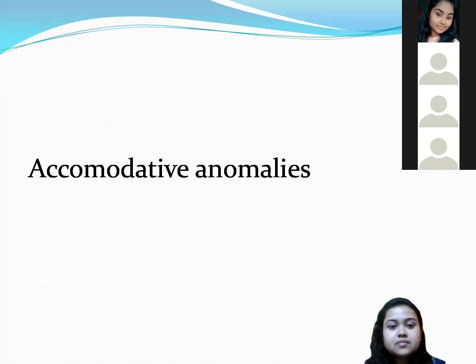Are you asking about the symptom and sign? No, I'm asking how to determine it. You are performing an orthoptic evaluation, so you perform a battery of tests. In those tests, how do you determine that the patient is having an accommodative anomaly?